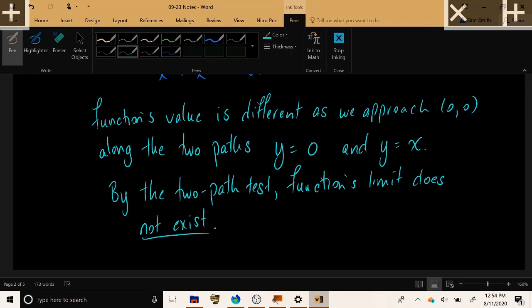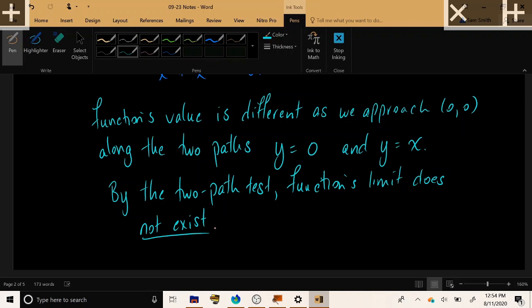It was very easy to show that a series diverged using the divergence test. But in order to show that a series converged, you need all these other tests: ratio test, root test, integral test, all of this other stuff, because it was harder to show that a series converges than it was to show that a series diverges. And again, it's the same situation here.